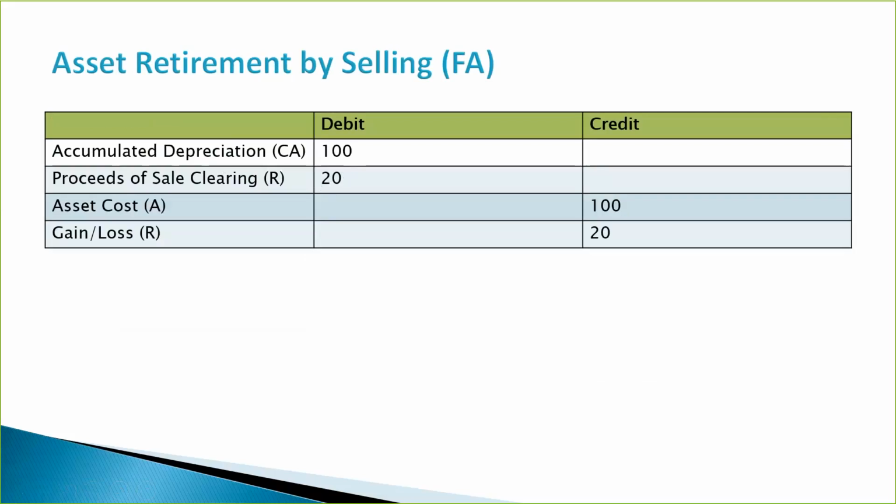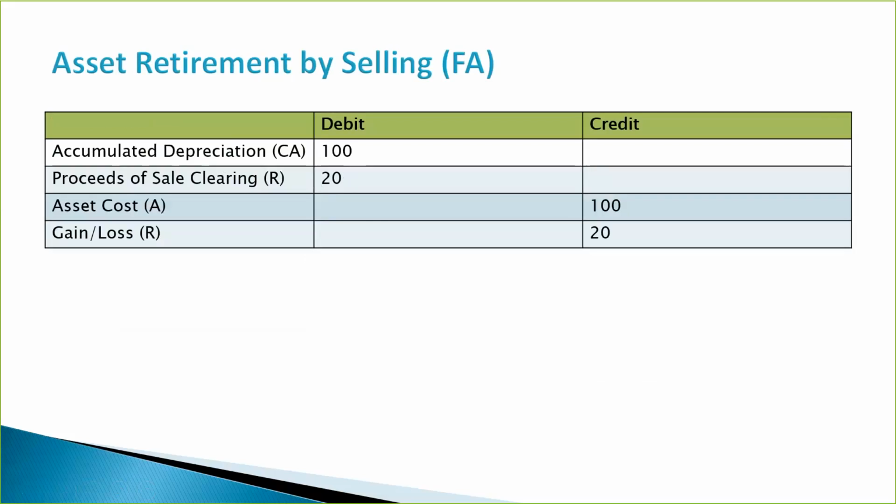So in this case, our gain is equal to the negative of book value plus the proceeds of sale.